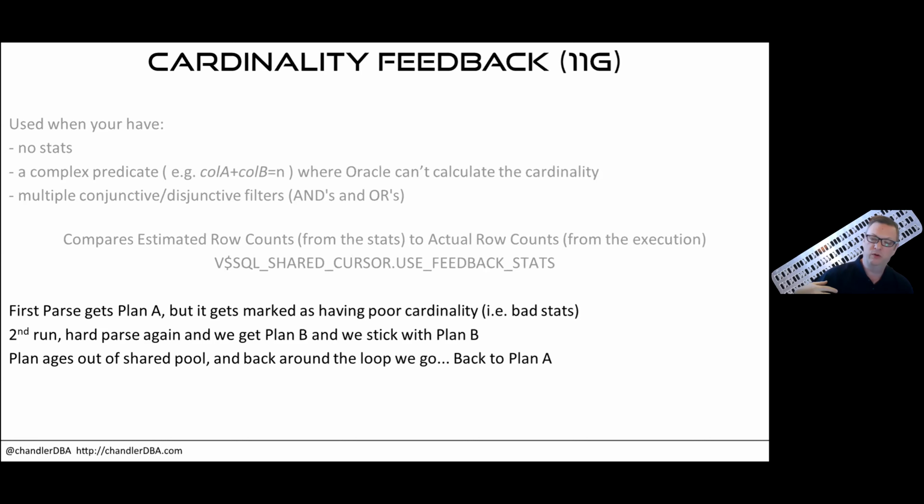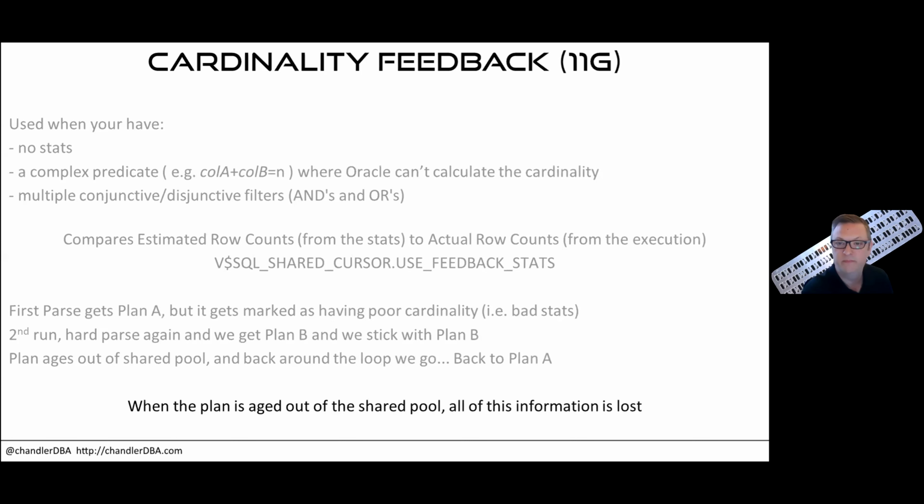And so you go back around to plan A, because this information, cardinality feedback, is only held in memory. It's in your shared pool. Things get kicked out of the shared pool. And so when your shared pool gets refreshed, you may have to go back around this loop again, getting plan A, a bad plan, and then coming back around to getting plan B, getting plan changes.